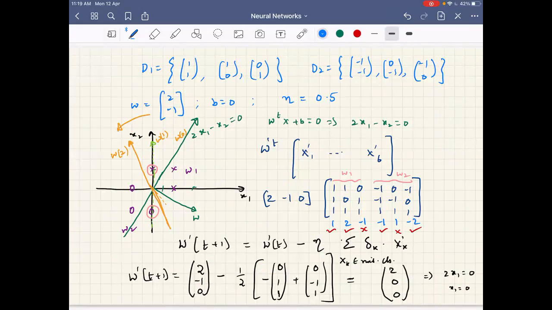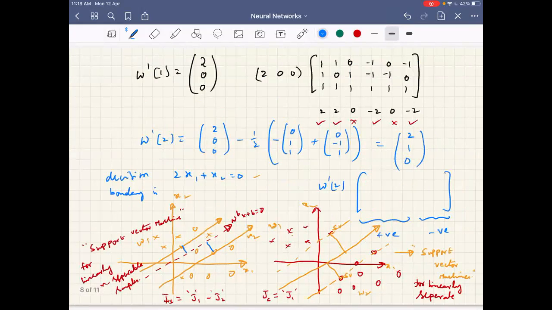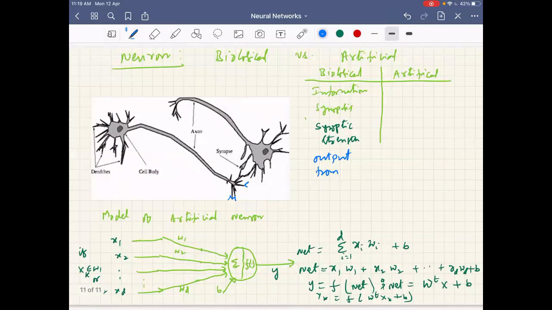So if I want to strictly put it, let me put here yk: y is equal to 1 for xk belongs to omega 1, and it is minus 1 for xk belongs to omega 2. This is the same as in perceptron and even here, is it not?